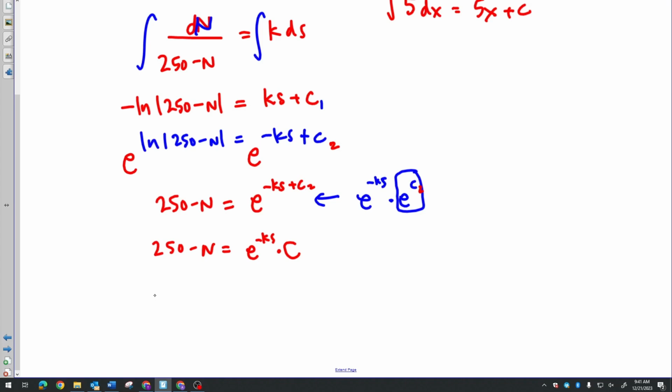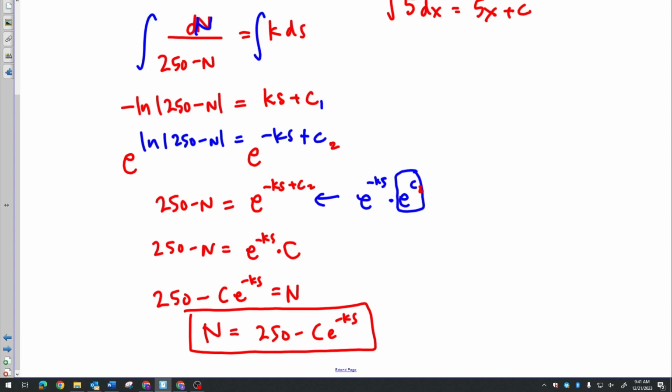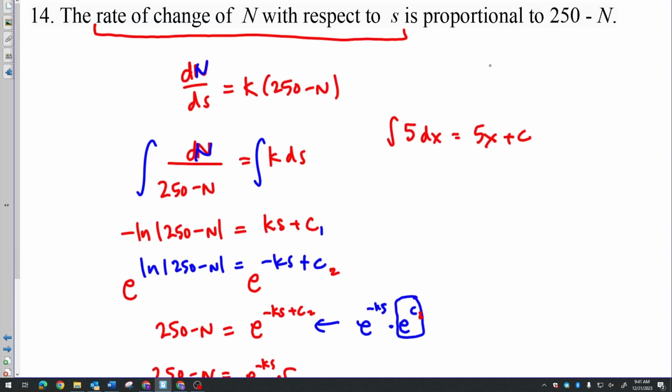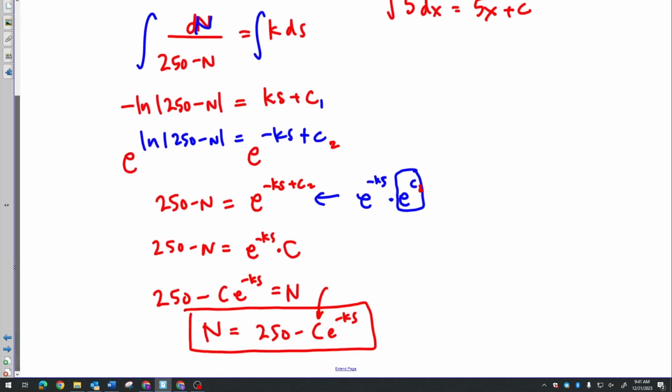So I'm going to move this expression here to the left. Now I have successfully solved for n, and this is my answer. If you want to, you can rewrite it. If I had an initial condition, I could solve for c, but this problem didn't start with any initial condition, so I'm done with this problem.